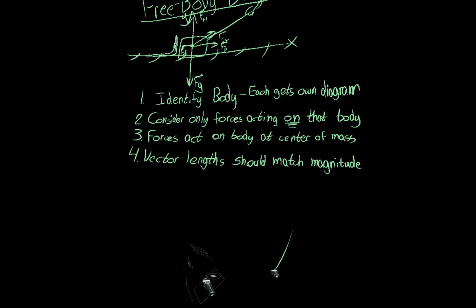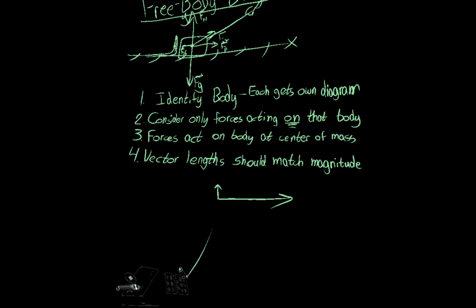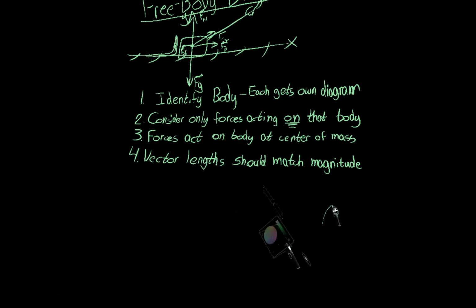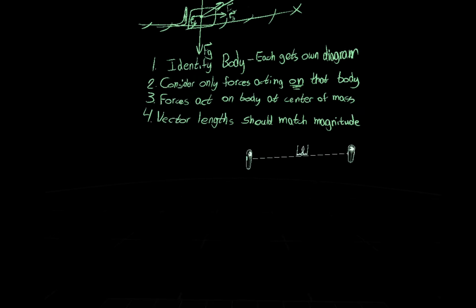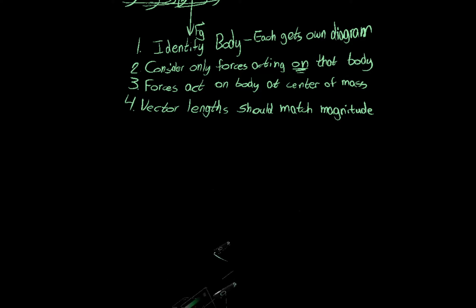Because you don't need to draw a scale on your thing, so you have tick marks along the x and the y, but if you have a force acting on the x that is 50 newtons, and you have a force acting on the y, which is 10 newtons, it should be relatively 10 times shorter, right? So definitely represent them correctly on your free body diagram, which I sometimes call force diagram. Once you've done this, then you can begin solving your problem by considering the sum of the forces in the x.